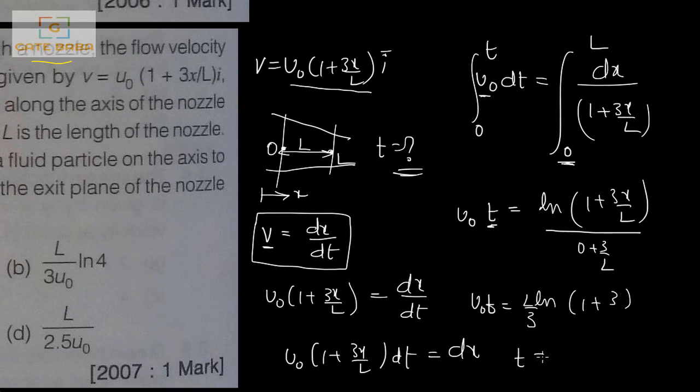So t equals L by 3 ln 4, divided by u naught.